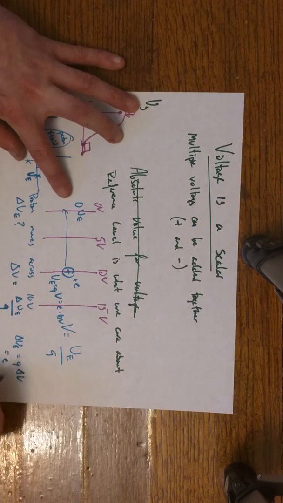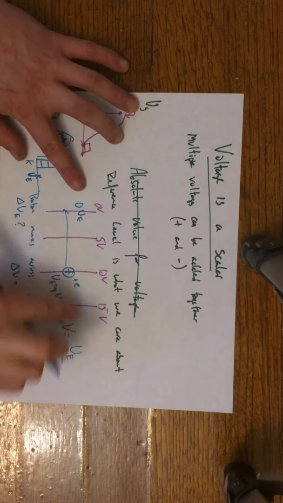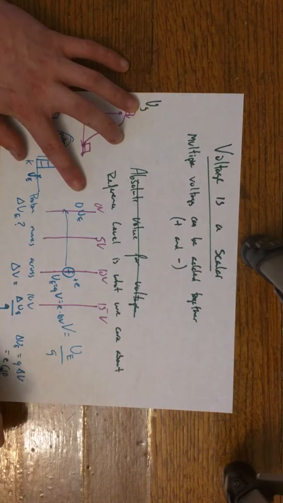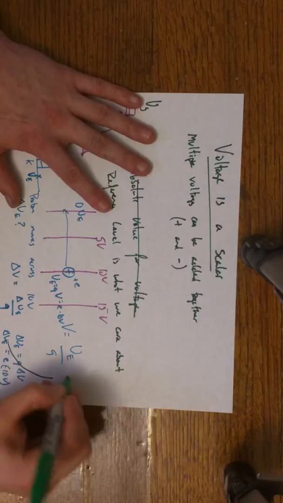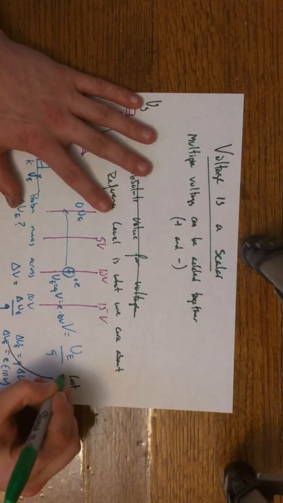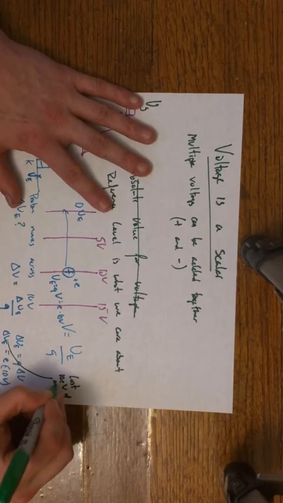The change in voltage is 10 volts. Oh, but that is negative because you start at 10 and go to 0, so the change is negative 10 volts, and that's my potential energy change. So this makes sense because I have now lost 10 e volts of energy.